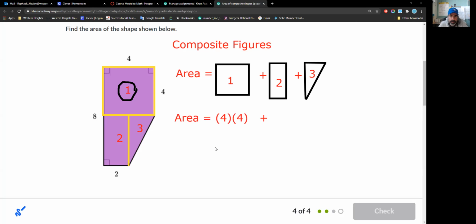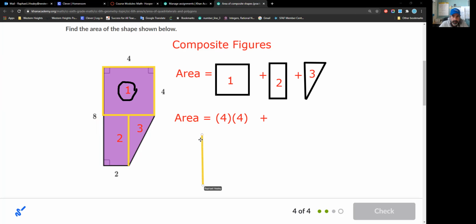Okay, and then the area of the rectangle. So how do we figure that one out? If you look closely, we kind of have a problem here with this one. We have this entire length here is 8. Do you see that? Well, this is 4. That means this piece right here, if this is 4, that means this is going to be 4.